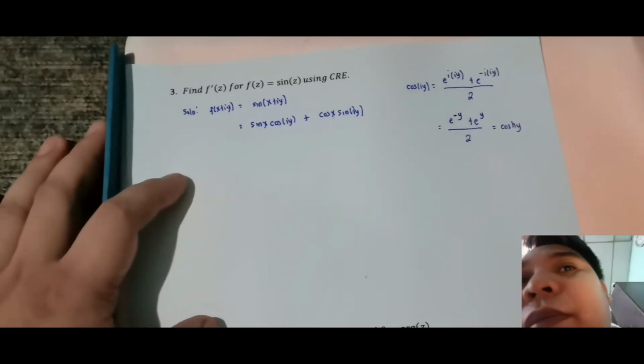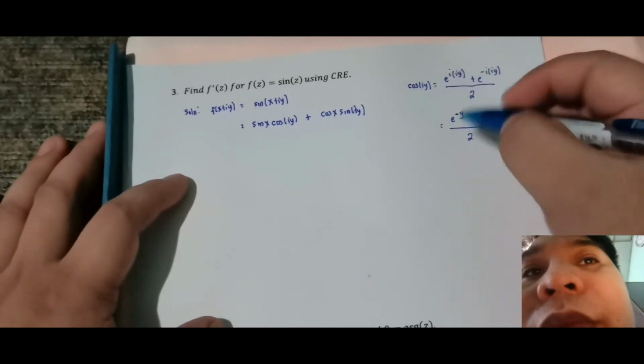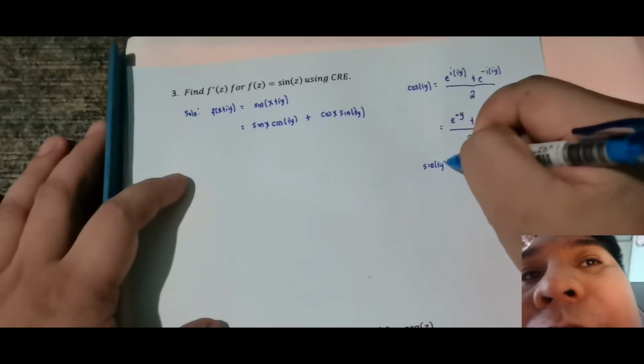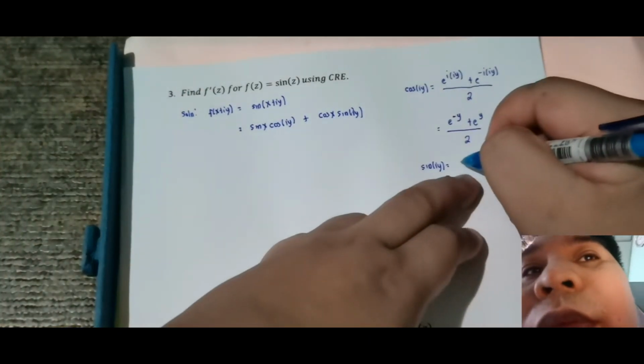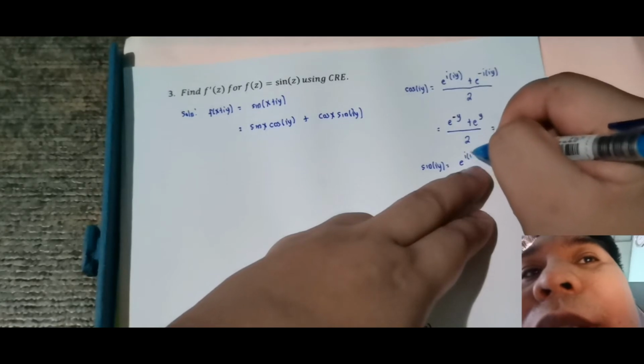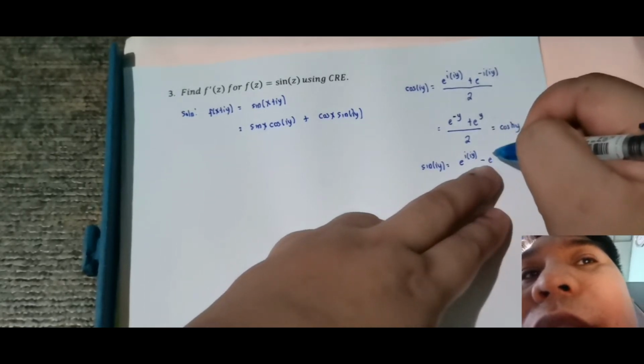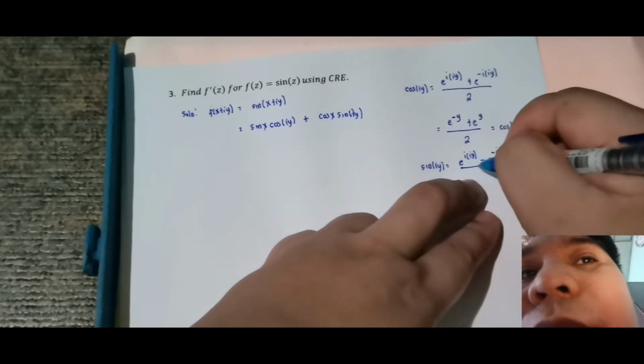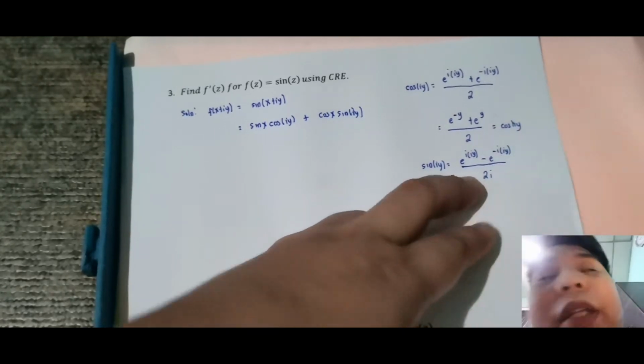Next is our sinh. Okay, so sin iy is equivalent to e raised to i times iy minus e raised to negative i times iy, all over 2i.